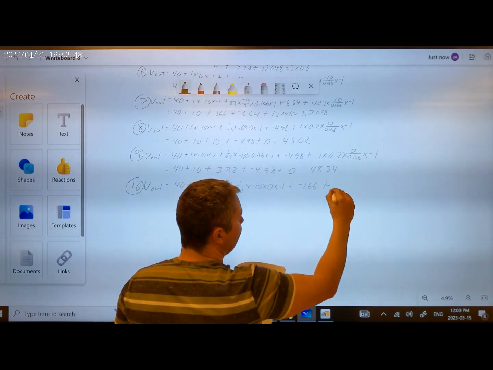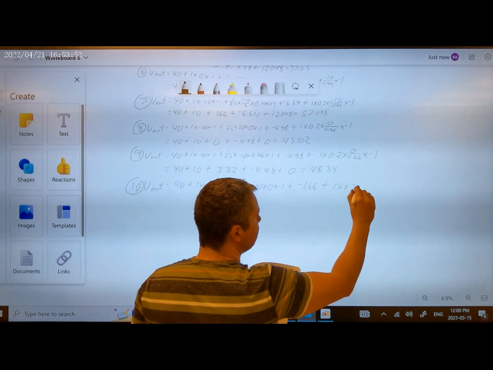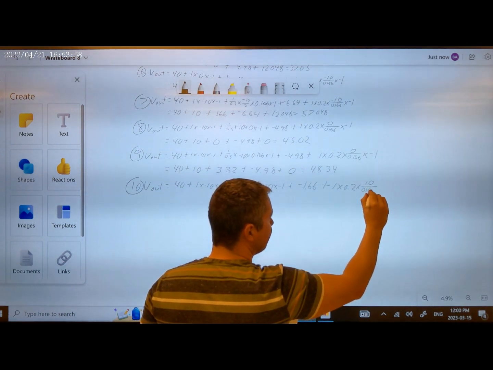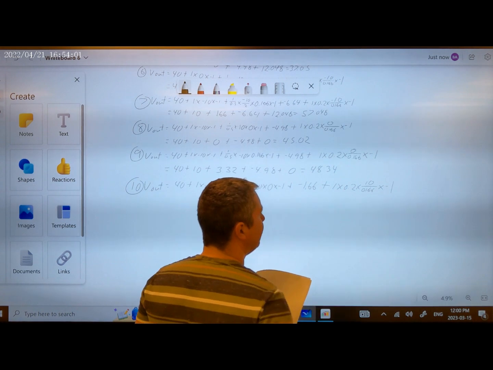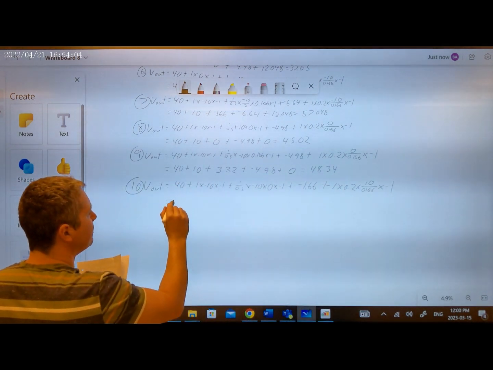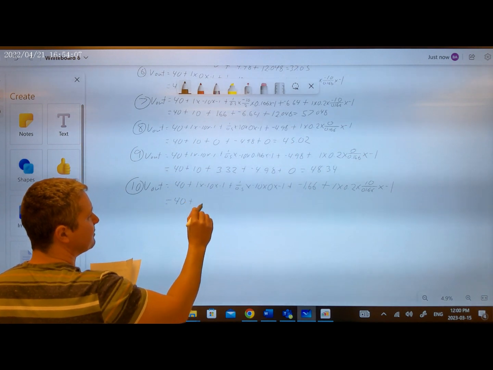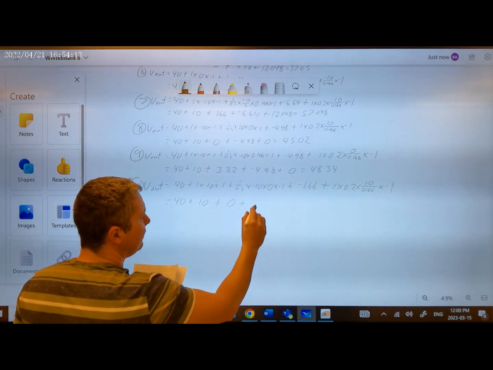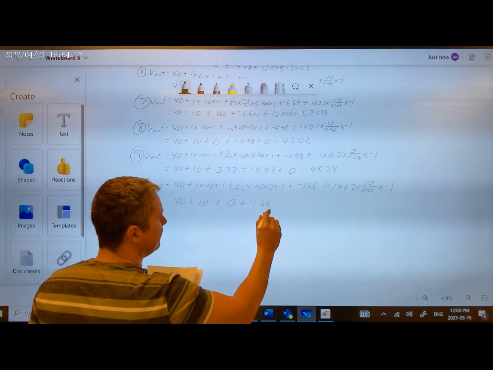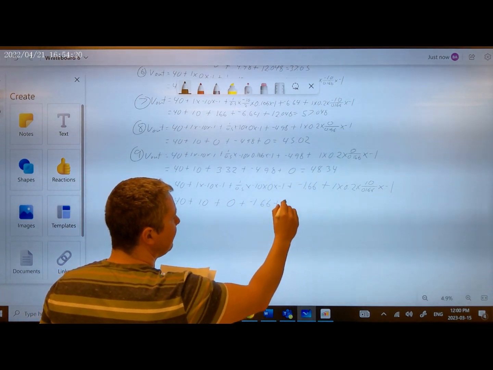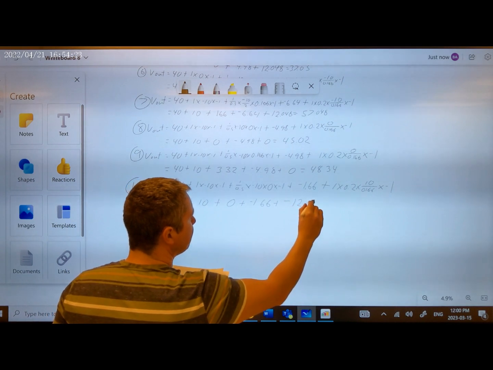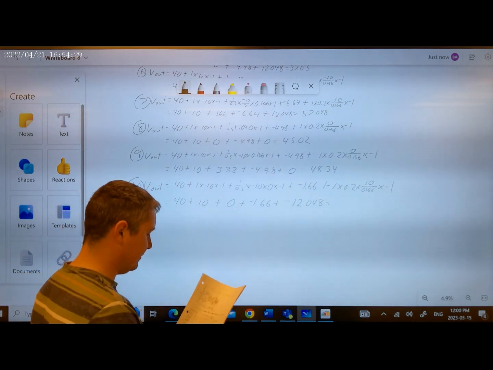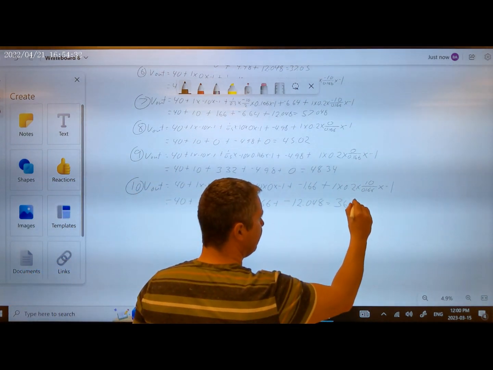Plus our derivative of 1 times 0.2 times, we have an error of 10% over the next 10 seconds, times direction of minus 1, which equals our bias plus 10 of proportional plus 0 of new integral plus negative 1.66 of the accumulative integral plus a minus 12.048 of derivative, which when all said and done gives us 36.32.